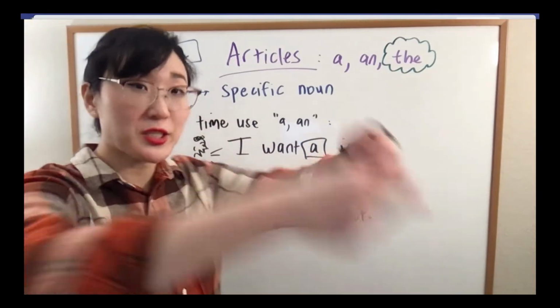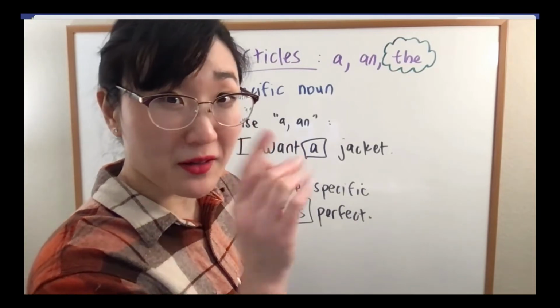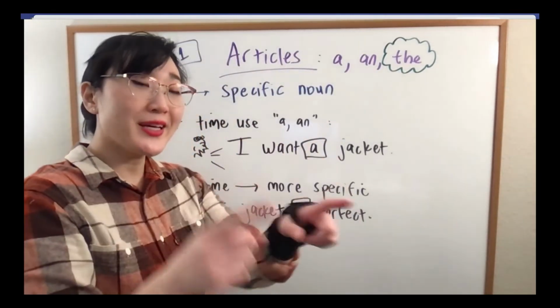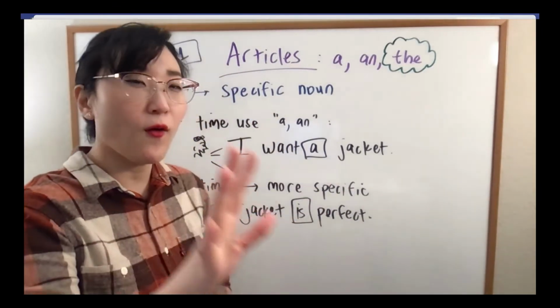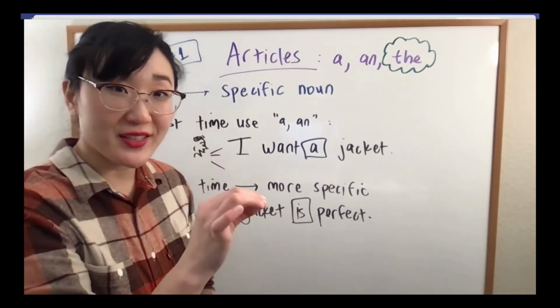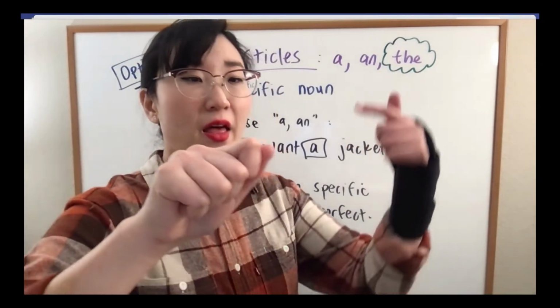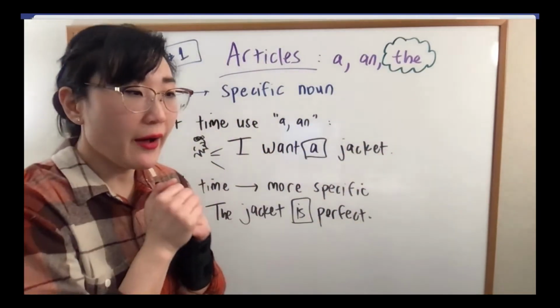But let's say I try on different jackets. And oh, the jacket is perfect. I want a jacket. Maybe I want this jacket. And I say, the jacket is perfect. It's beautiful.